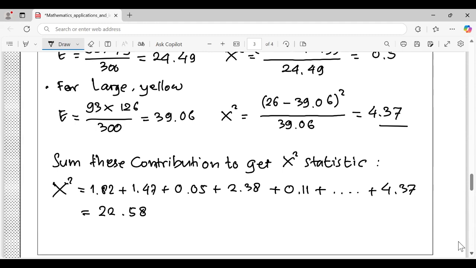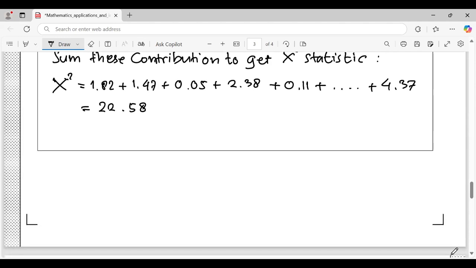Now the conclusion here. Due to this, the chi-squared value 22.58 is greater than 9.49. So the chi-squared value is greater than the critical value, 9.49.